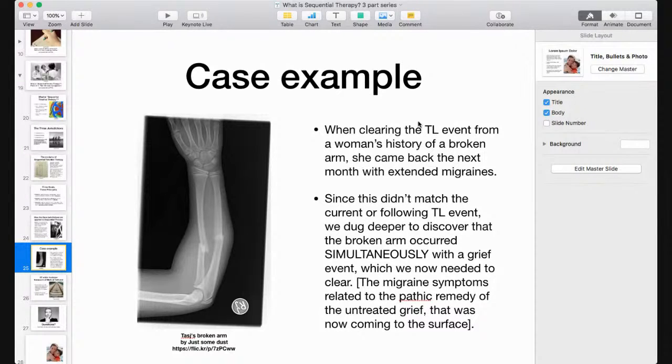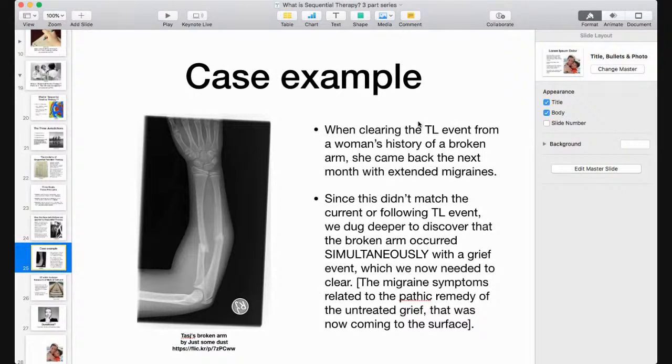That happened many years ago in my experience, and it really cemented this idea for me that with these specific timeline events, we have to be really, really specific and careful to make sure we're getting the full case history of everything that was happening.